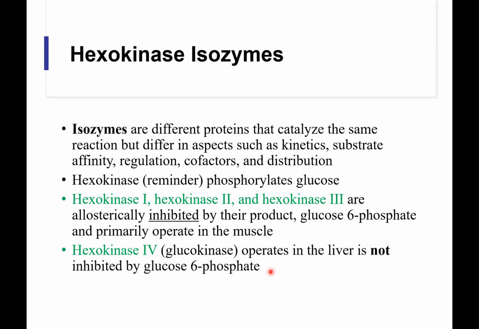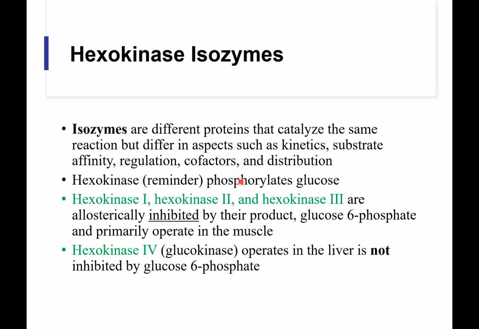Although before we get to the reciprocal regulation of glycolysis and gluconeogenesis, we're going to take a look at hexokinase regulation and how it differs in tissues like the muscle and tissues like the liver. We have these things called isozymes, which are enzymes that catalyze the same reaction but are slightly different proteins. They differ in things like kinetics, substrate affinity, the way they're regulated, and so forth.